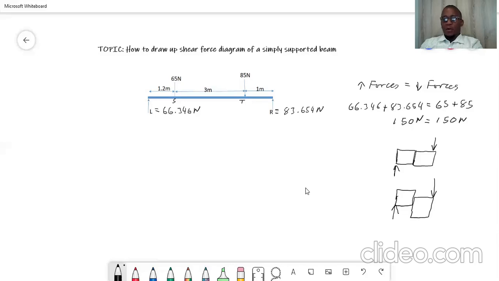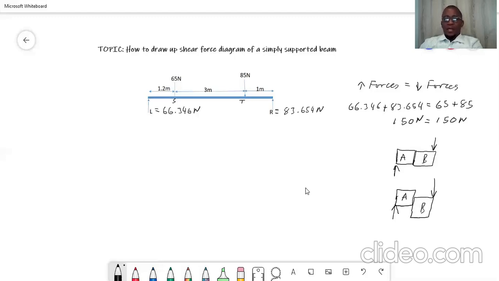Let me name these boxes A and B. You can see that after force is applied, A moves up and B moves down by shearing. They are pushing against one another.